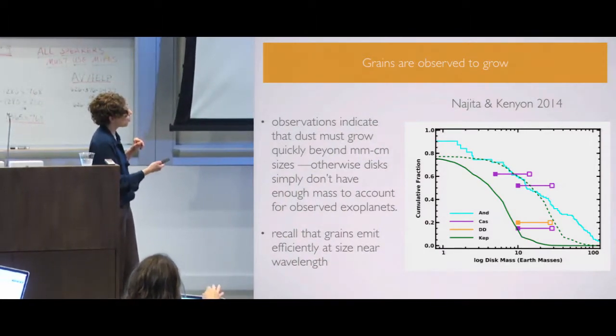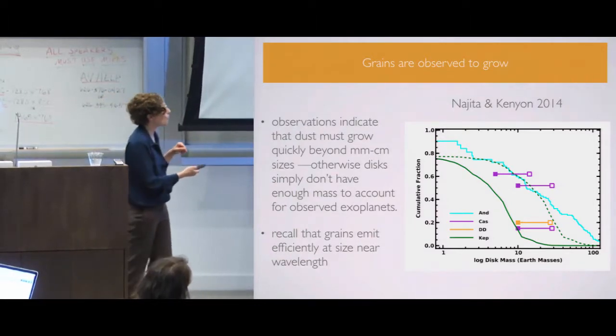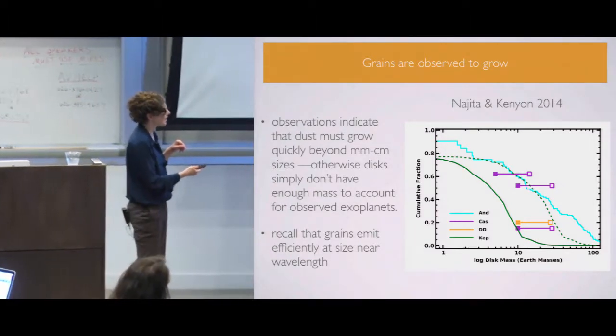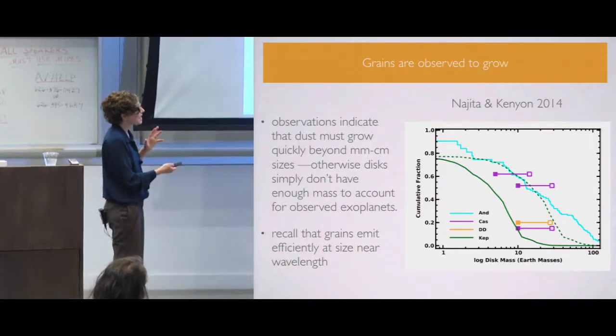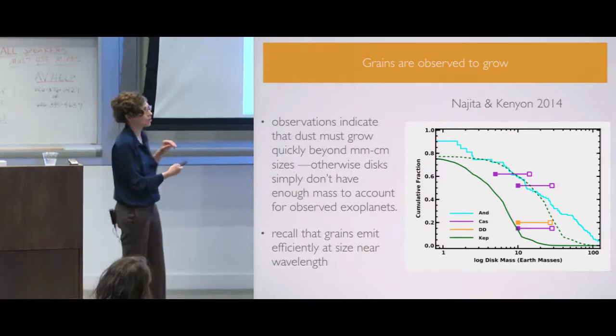If you just look at these open square points here, this is the amount of mass you infer should have been in the disk if you include not just Kepler planets, but also microlensing planets in the data. And this is saying if I was 100% efficient in converting the solids in the disk into planets, I would need this much mass. And you can see these things are kind of right on top of each other.